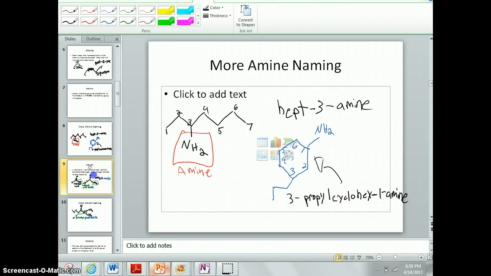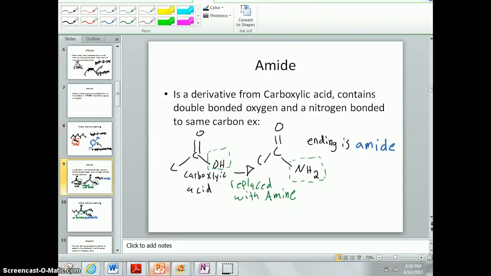So moving on, amides. Amides are derived from carboxylic acid. It contains a double bonded oxygen and a nitrogen bonded to the same carbon. 2 examples. Here we go. We have our carboxylic acid, our carbon double bond our oxygen. Same over here, carbon double oxygen.